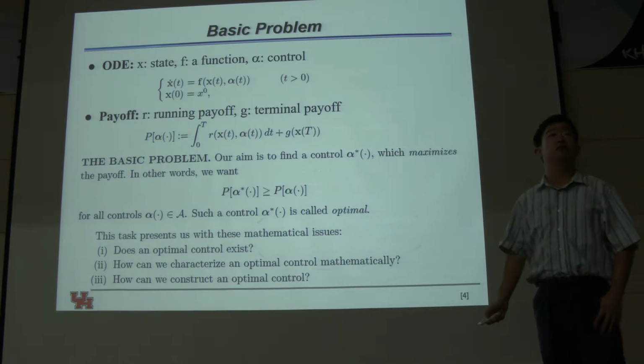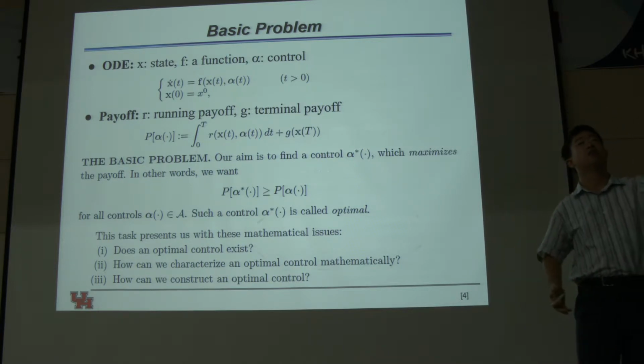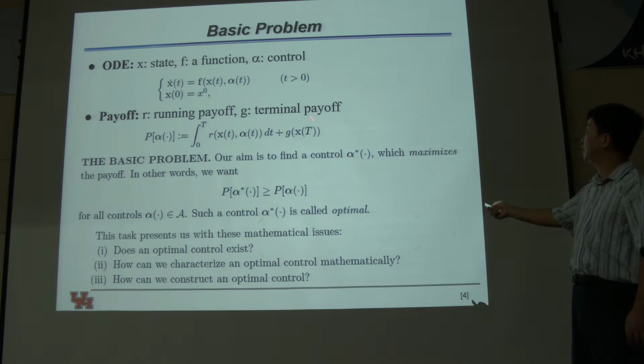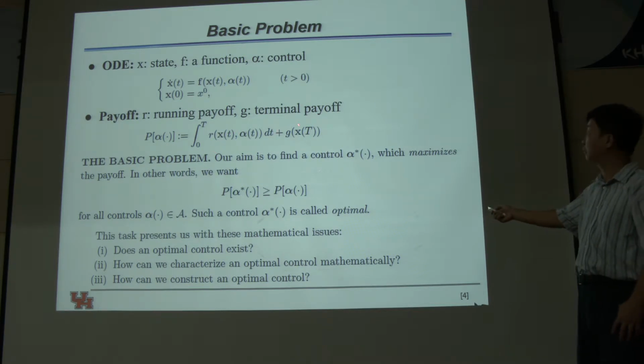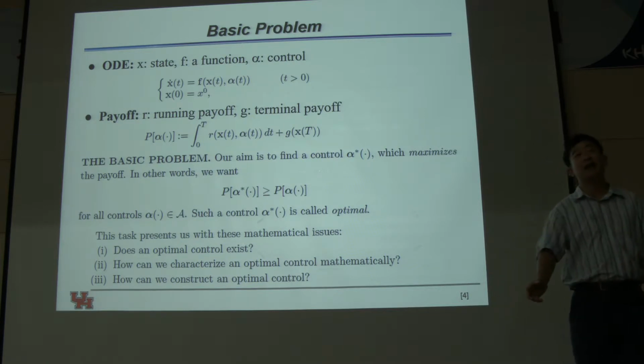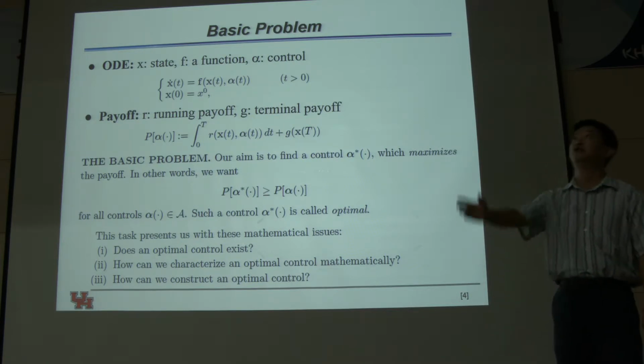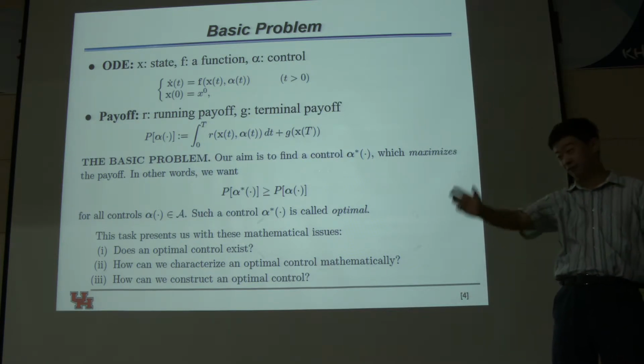For example, the fuel cost. The final cost is also important because it determines whether you can reach the destination. Take SpaceX, for example, with the rocket going up and then coming down.